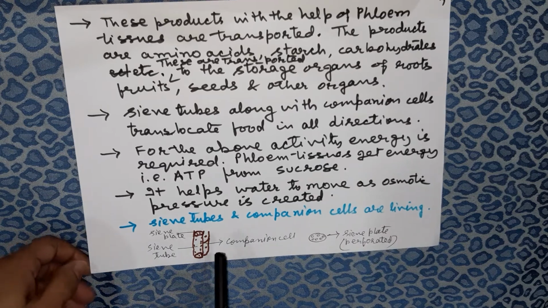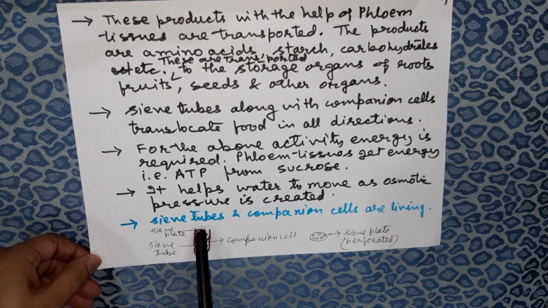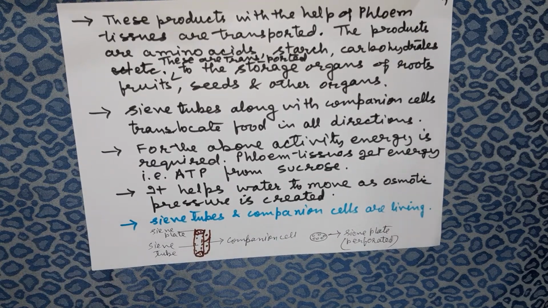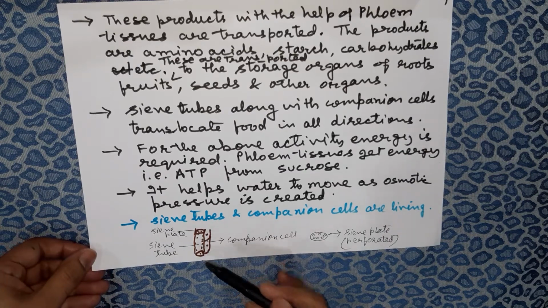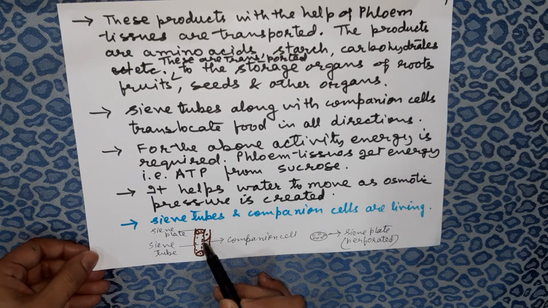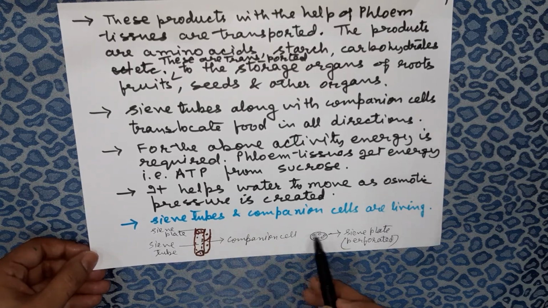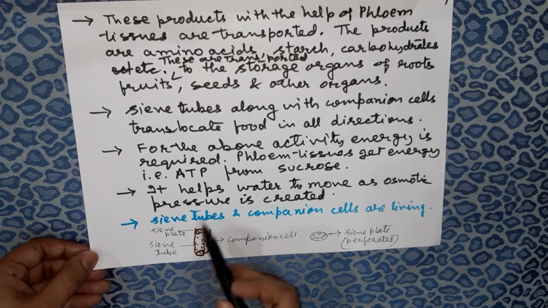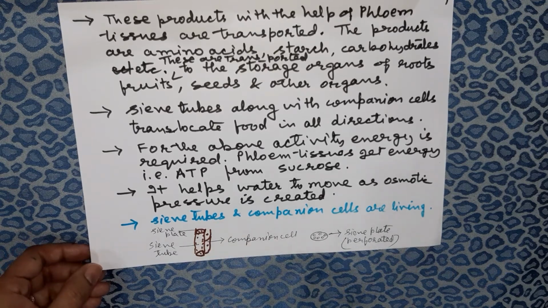So this was about the transportation of food. See, this sieve tube is this one. This you can see, this is the sieve tube, and here some starch or carbohydrate particles are shown. This sieve tube has a sieve plate, this perforated one, through which the carbohydrates can go.